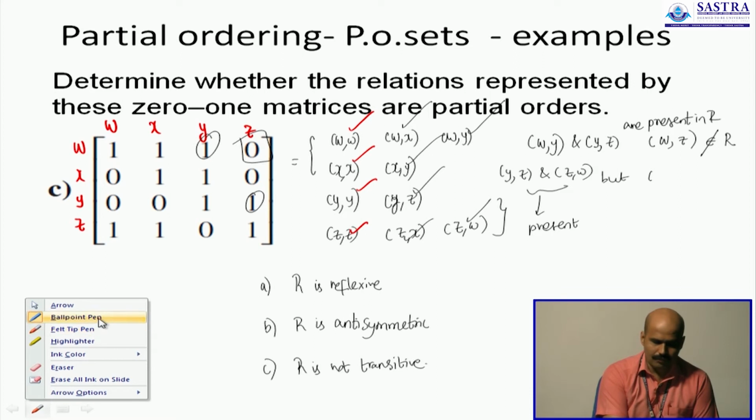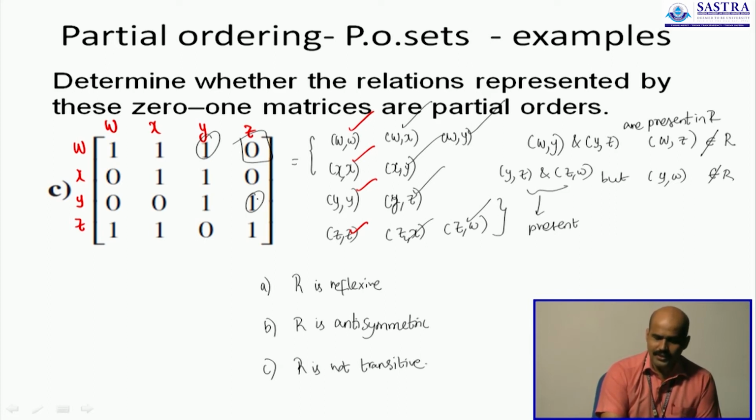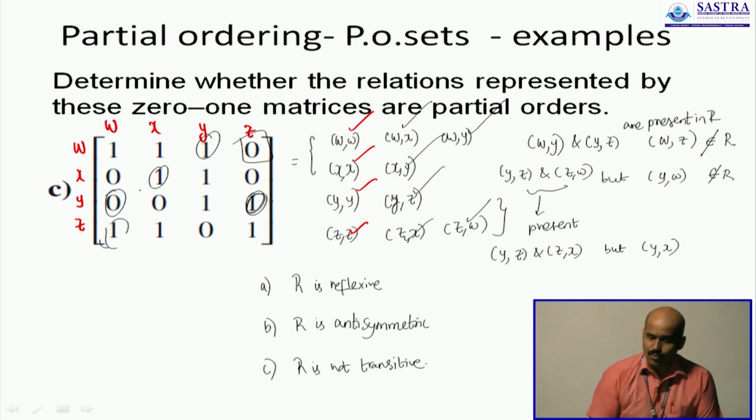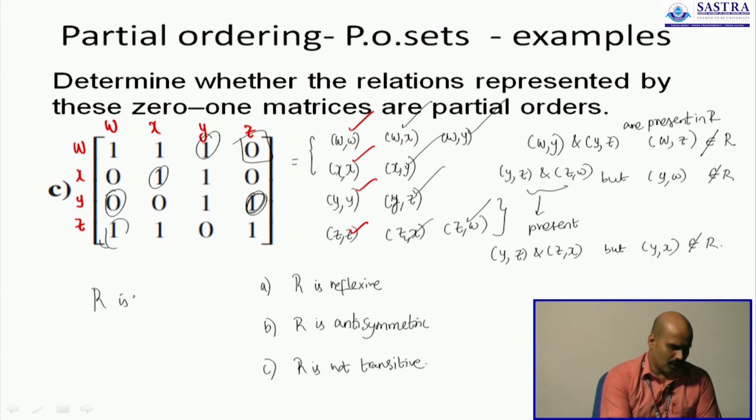YW doesn't belong to R. YZ is this element, and ZW is this element, but YW is absent, so this is not transitive. Similarly, YZ and ZX are present. That doesn't mean that YX is present. YZ is here, ZX is here, but YX is absent. Therefore, this relation is not transitive. R is not a partial ordering.